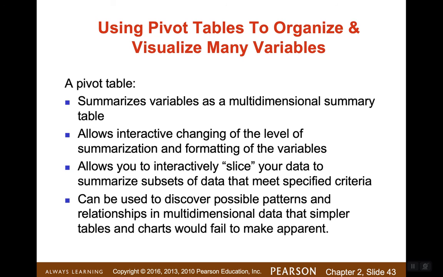As we're sitting there, we can dynamically change the levels of summarization and the formatting of the variables. We can drag an axis from one side to the other, and the chart will dynamically rebuild itself to give you the new perspective.